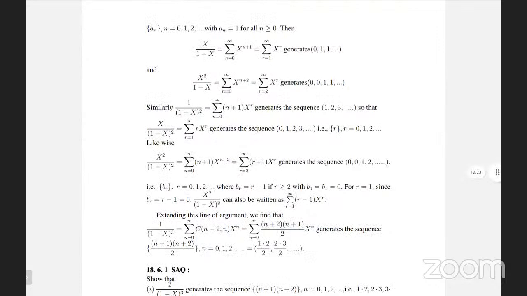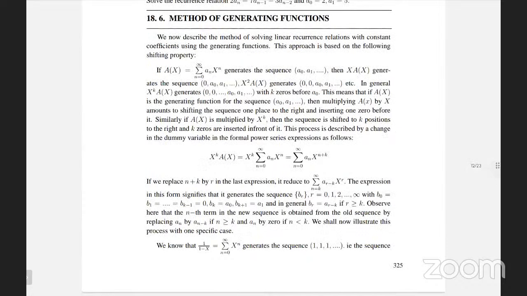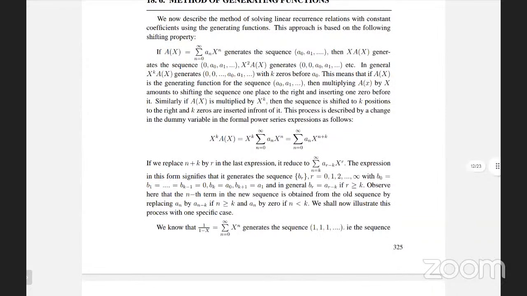The generating function satisfies the recurrence relation. The equation that it satisfies is called the solution. The generating function that you substitute is the solution. That is the idea.